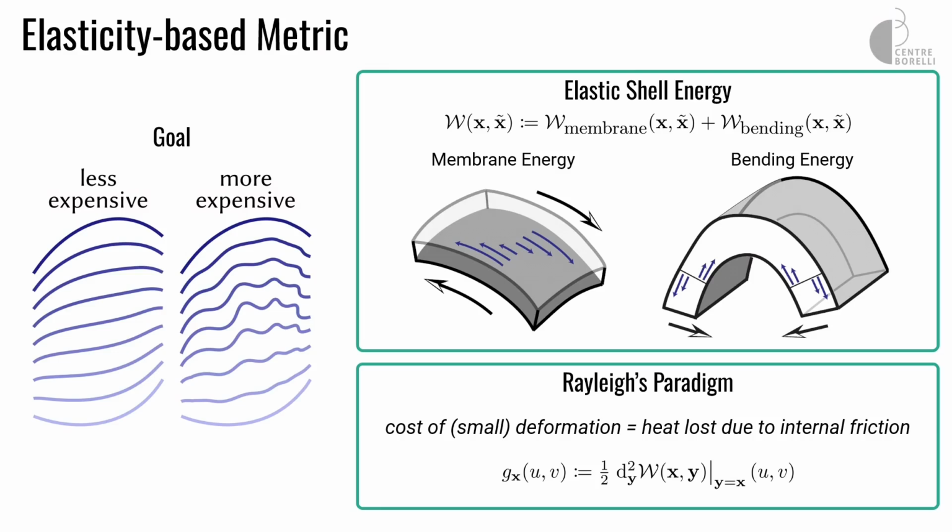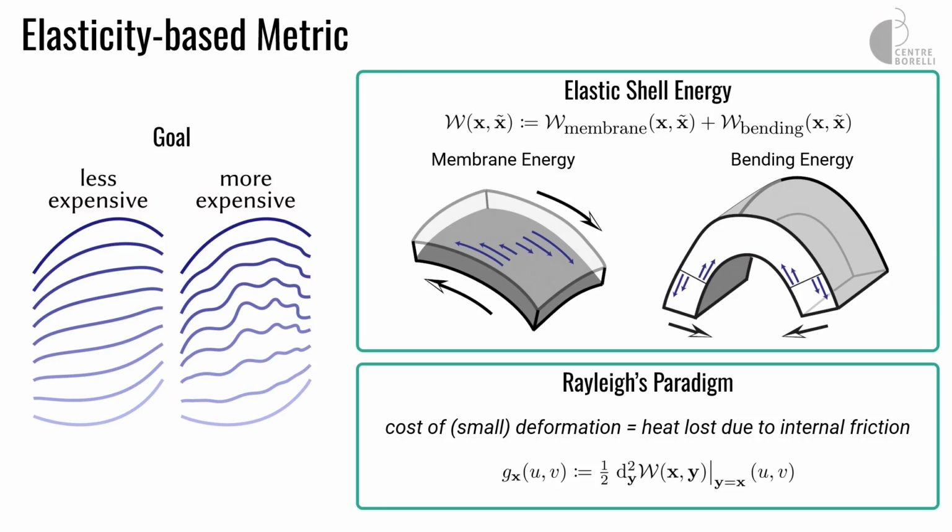And basically Rayleigh's paradigm, which actually goes back to Lord Rayleigh, says that if I want to go from an elastic model to a viscous model, I can do a simple trick. I can just pretend I make an infinitely small step of elastic deformation and then dissipate the energy I've paid into heat. It's basically saying the cost of an infinitesimal deformation is really just the heat that is lost to internal friction, and internal friction is exactly what elasticity gives you.